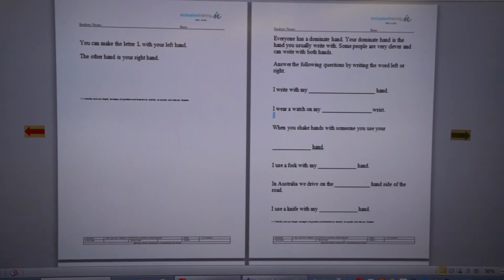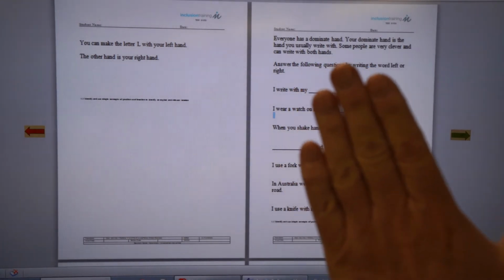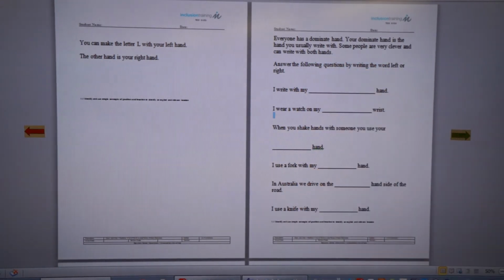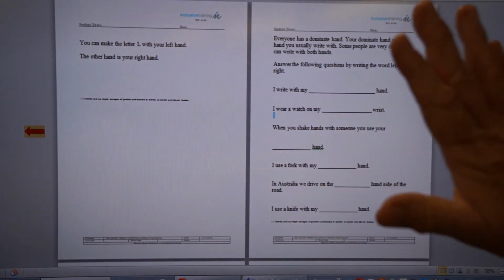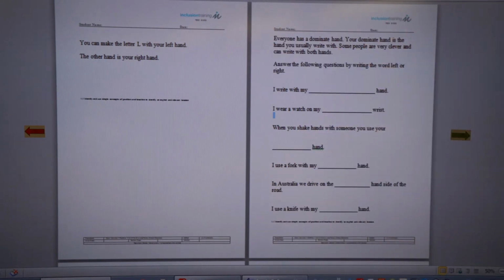Then on the opposite side of the paper, place your right hand and trace around it. Just above your left hand, write the word left. On your right hand, write the word right. I'm going to pause the video and give you a few minutes to do that.